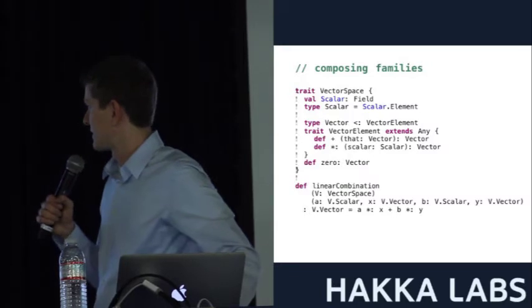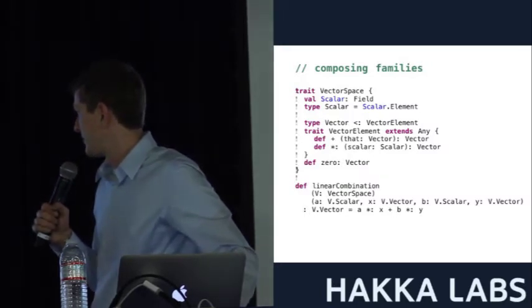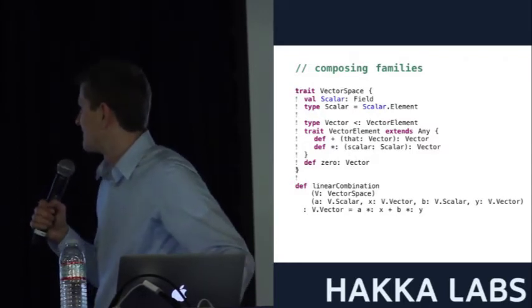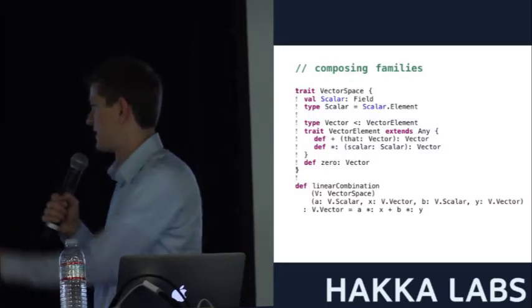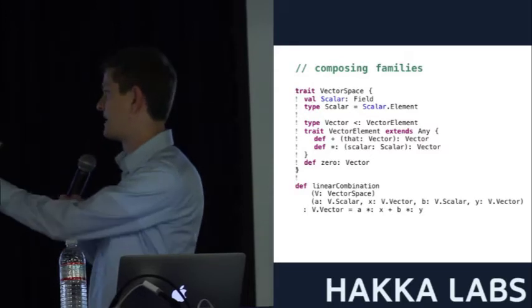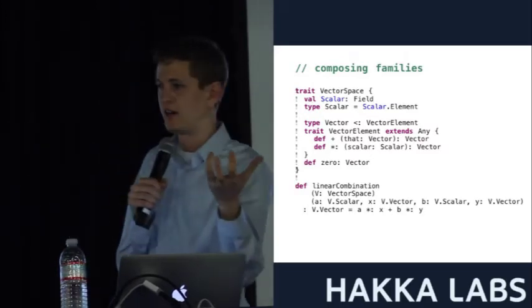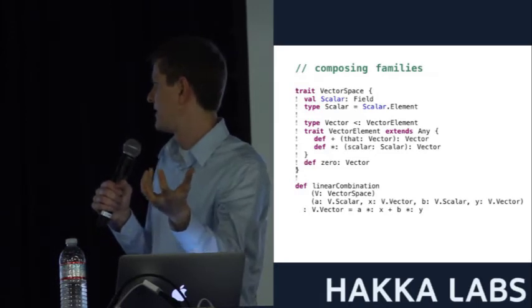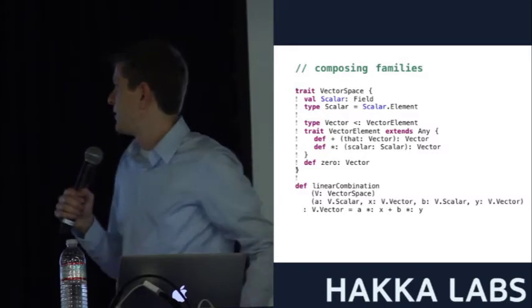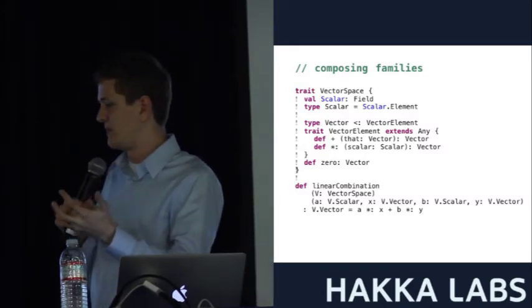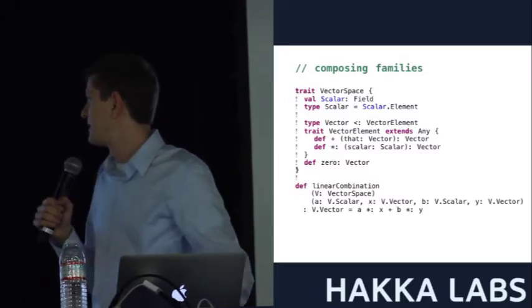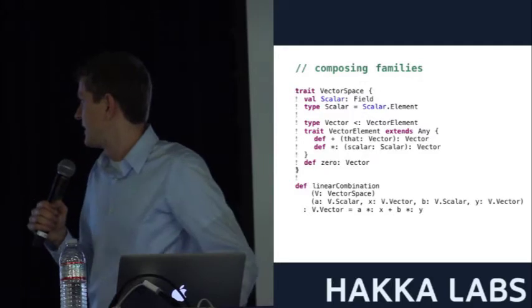And you've got a zero vector also, like with a field. Now you can abstract over vector spaces. Here's a linear combination method using dependent method types, where you pass in a reference to the vector space first, and then all the subsequent parameters are dependent on that first parameter. Although you can take the same approach with singleton types, or projections from singleton types.